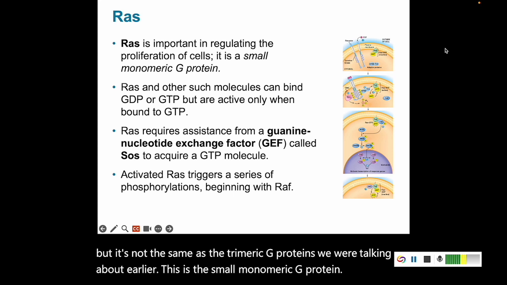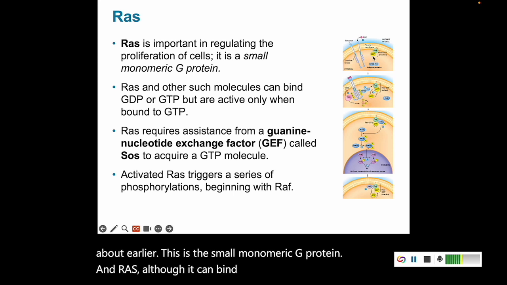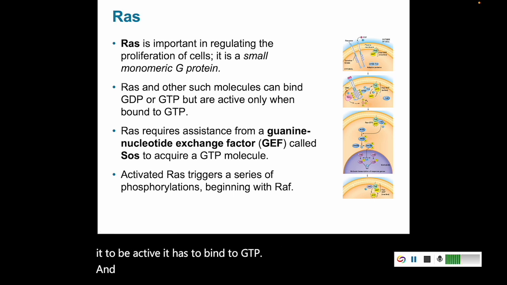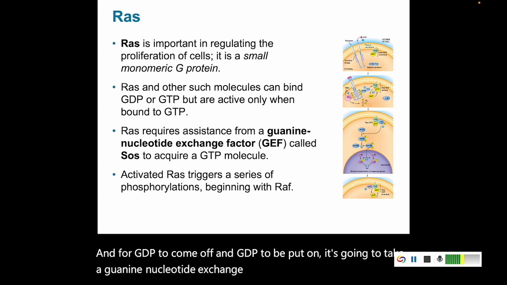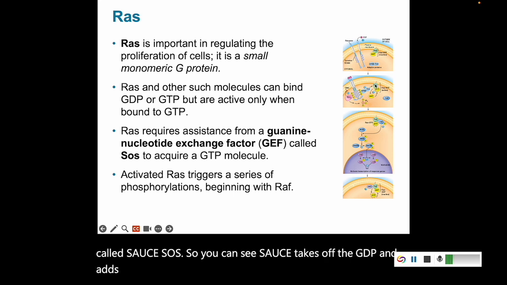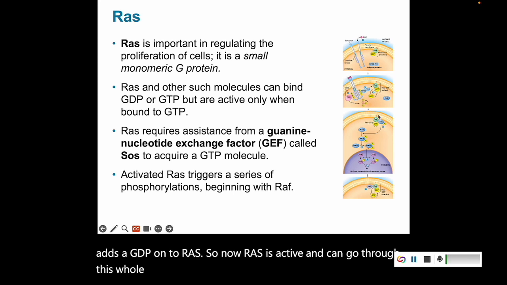And RAS, although it can bind to GDP, that is its inactive state. For it to be active, it has to bind to GTP. And for GDP to come off and GTP to be put on, it's going to take a guanine nucleotide exchange factor. And that exchange factor is called SOS, S-O-S. So here you can see SOS takes off the GDP and adds the GTP onto RAS. So now RAS is active and can go through this whole signaling cascade.